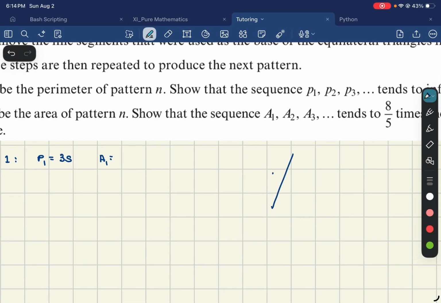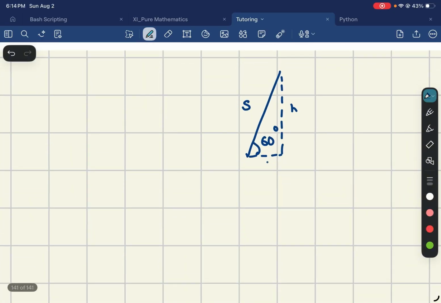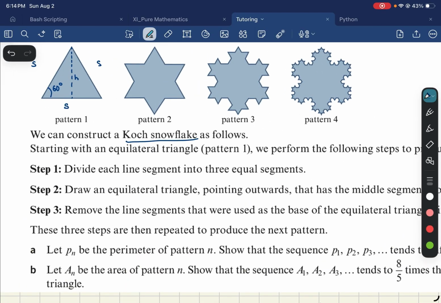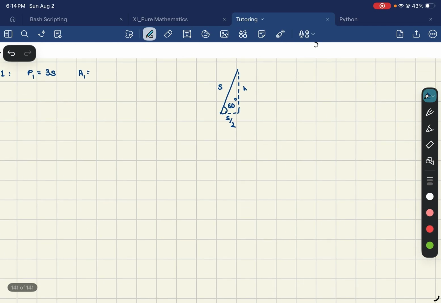So I have this side is S, this side is H, and we know the angle actually. So this is going to be 60 degrees, right? And the bottom side is going to be S over 2 because this is exactly going to be in the middle. So this is half of S, this is S, and this is H, and that is 60 degrees.